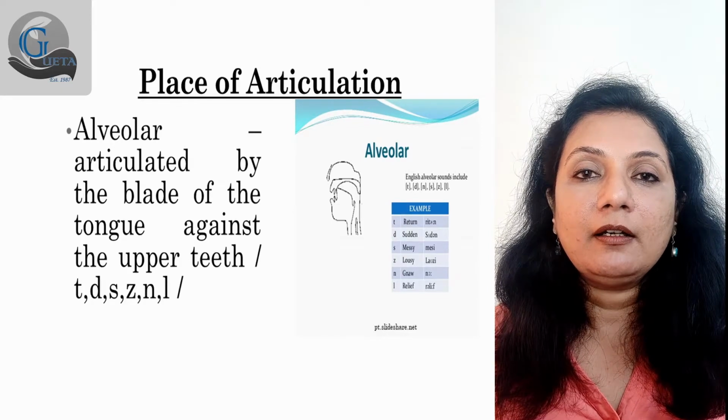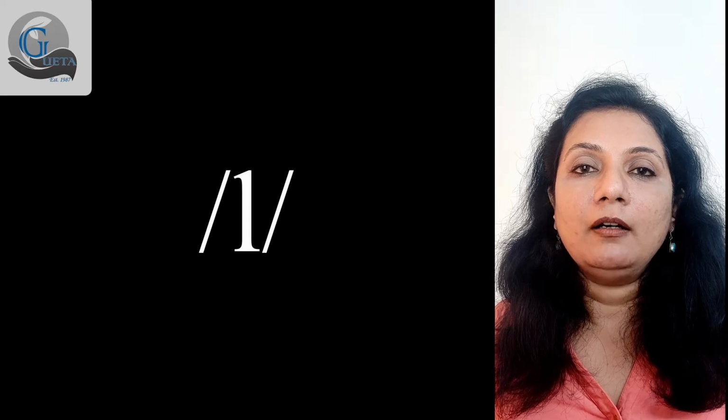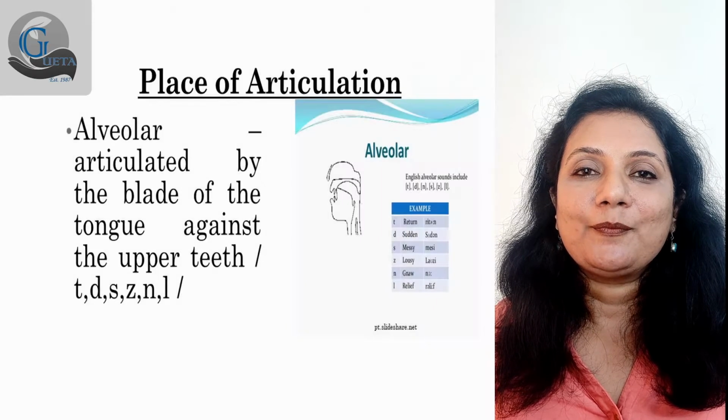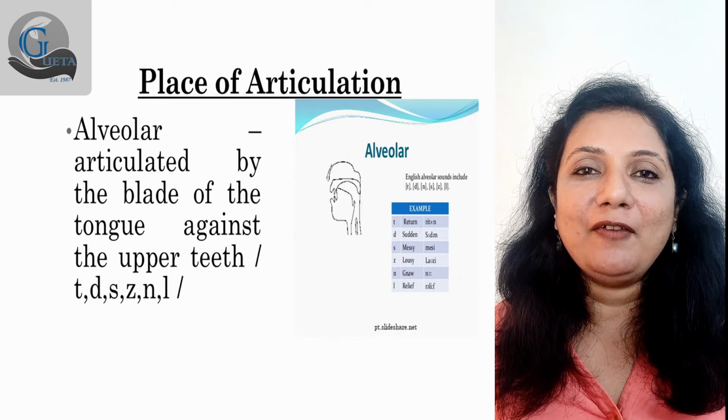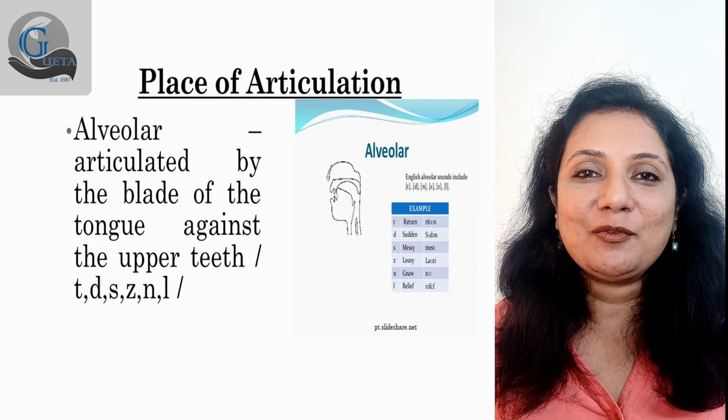Sounds like t, d, s, z, n, l. Try to speak these sounds again and you will be able to feel where your tongue touches which part of the mouth.